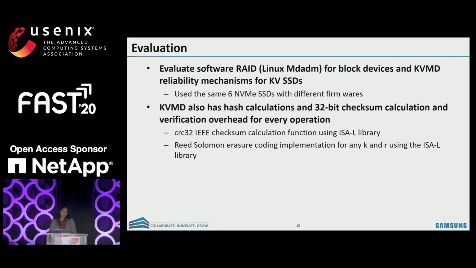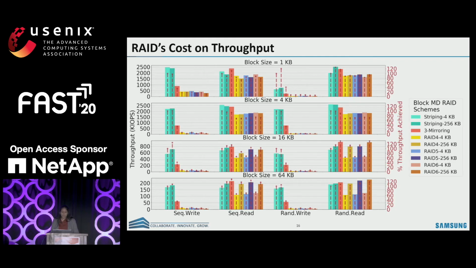And KVMD also has, for all the operations, additional hash calculations, and every read will always verify the checksum. So we also have this checksum calculation and verification overhead for every operation. And we have currently used ISA-L library-based implementations for checksum calculation and Reed-Solomon erasure coding. So we'll go into the results.